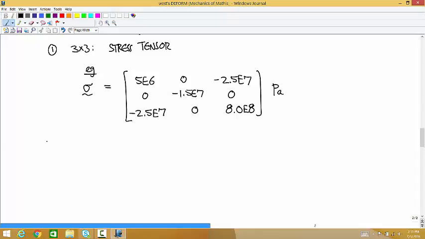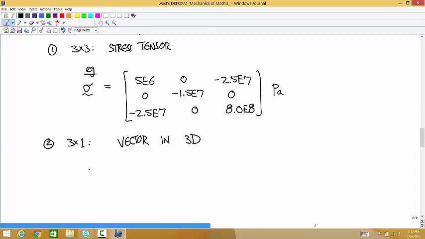The second type that we're going to see a lot is a 3x1 matrix. That's any vector in 3D. So displacement vectors, force vectors, those are both going to come up a lot in this class.